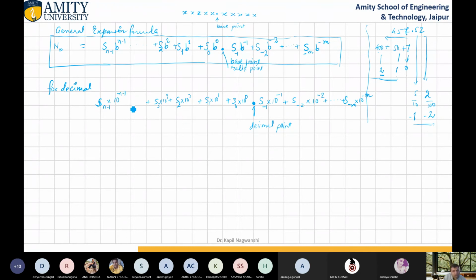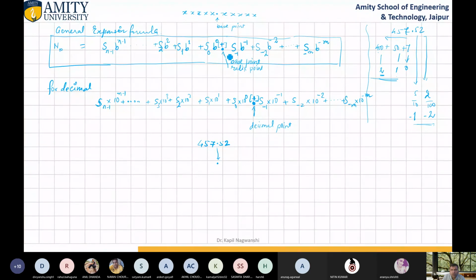So I think this formula is very clear to all, but let me show you by one example, that is 457.52. If we expand this, this is 0.52, and this point is plus. I am writing it, but don't write this point, this is plus.